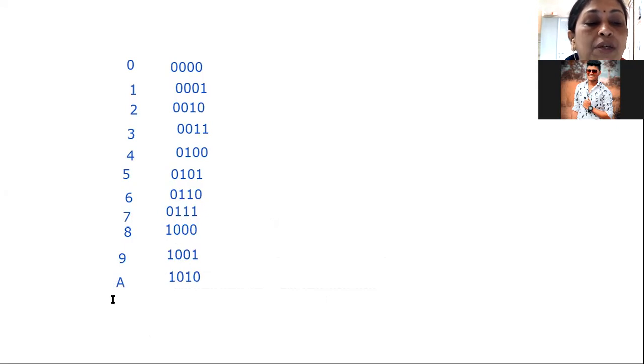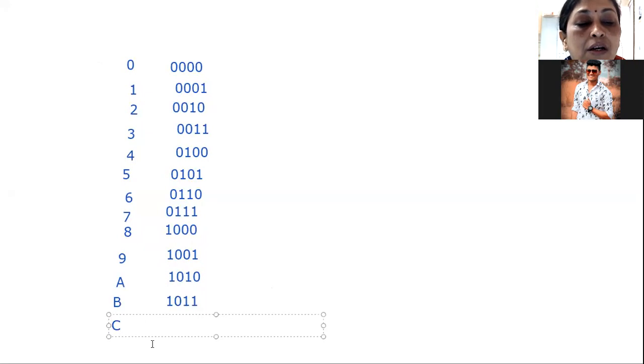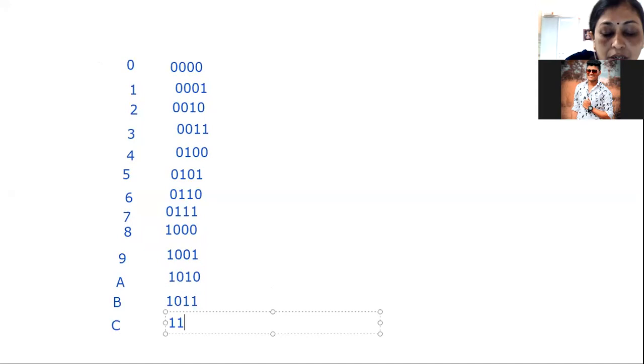After A, there must be B. So B must be written as 1011. Then we have C, which should be 1100.